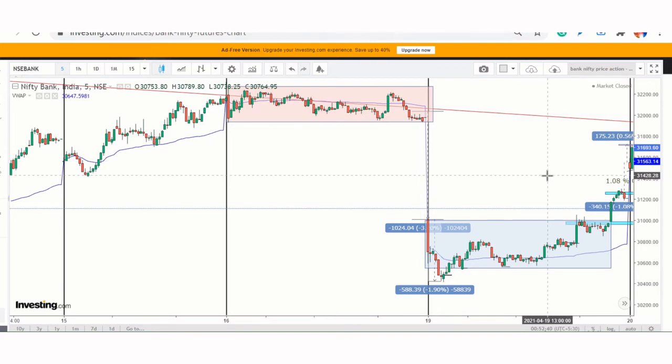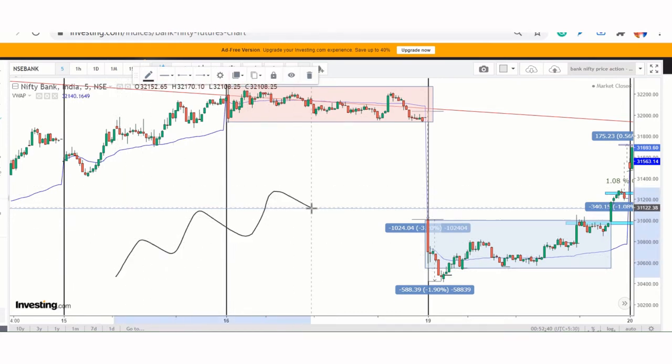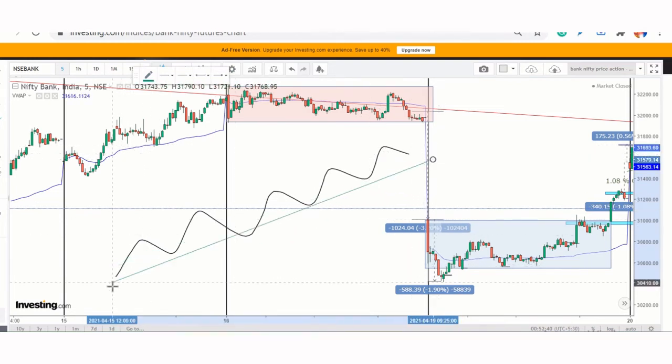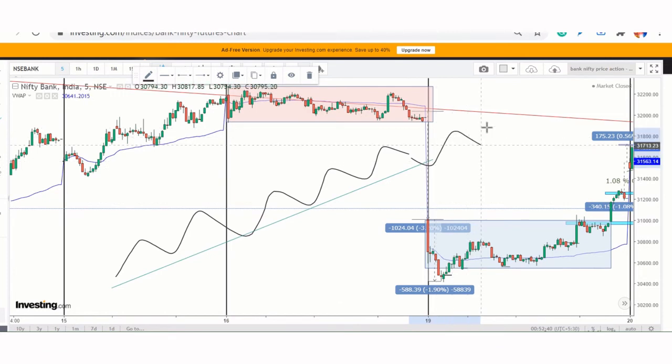So we can expect that the trend might continue on the next day, because in technical analysis we have an assumption that if the trend is moving in a direction, it will continue to move in that direction unless there is an event like a trendline breakdown. When it is going up, we can expect that the price will continue to go up if it is trading above this level and it does not break this trend line.